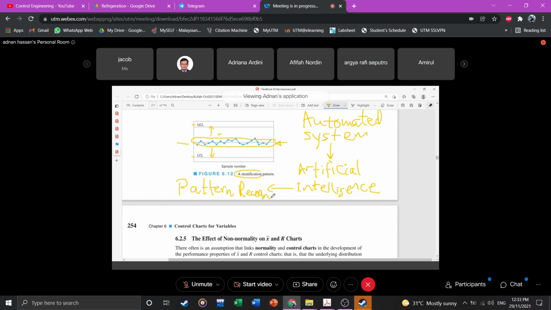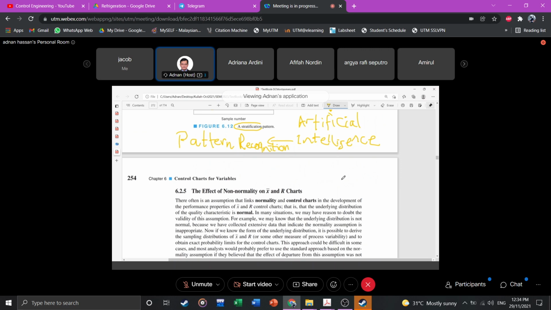Nowadays people are talking about Industry 4.0, using AI, robotics, and the internet. This is one of the applications of AI in quality, recognition of patterns. They can also use AI to recognize shapes and different features of products for visual or vision inspection and so on. Any questions so far?